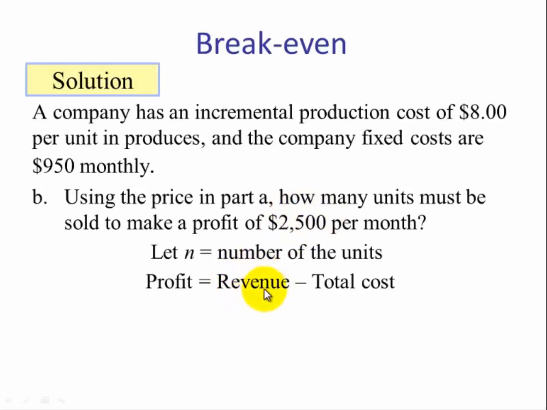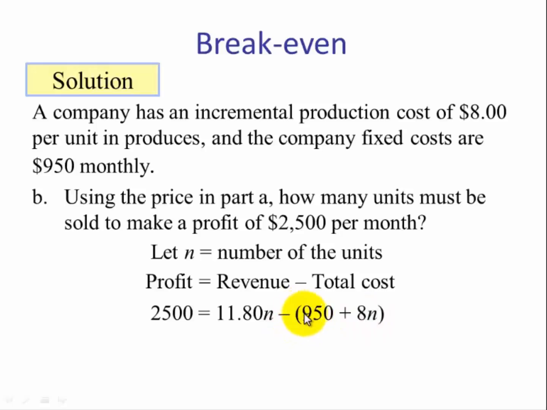The revenue will be the retail cost times the number of items, which is N, minus the total cost. So profit's $2,500. Using the price in Part A, $11.80, times N, minus the total cost, which is our fixed cost, $950, plus our variable cost, which is $8 per item times the number of items.